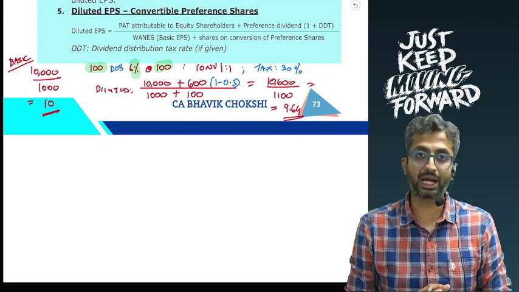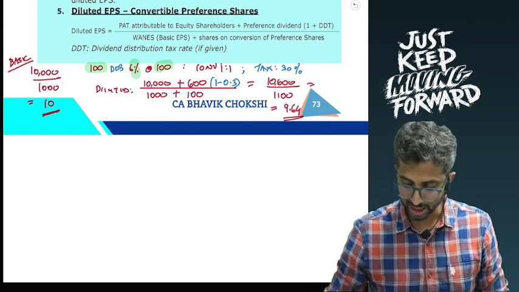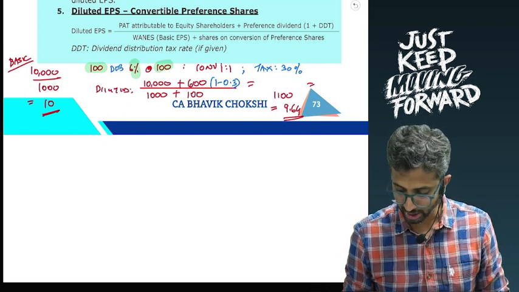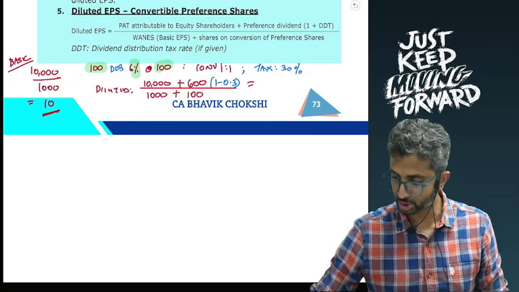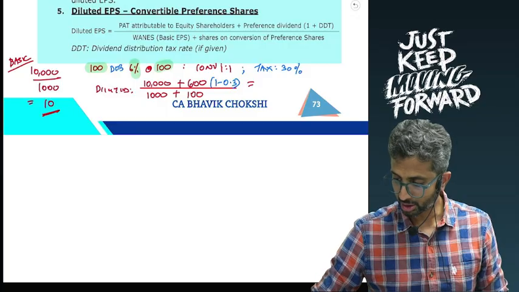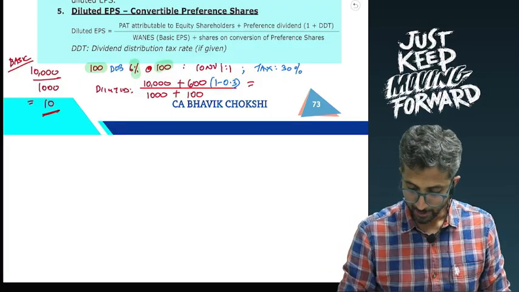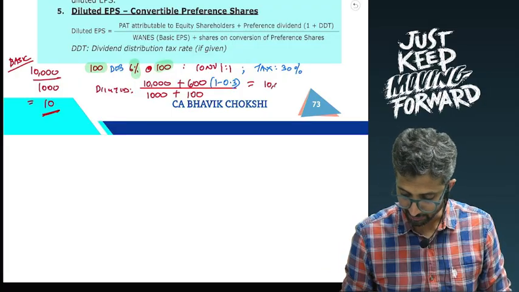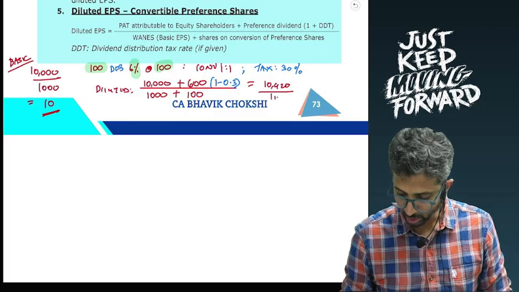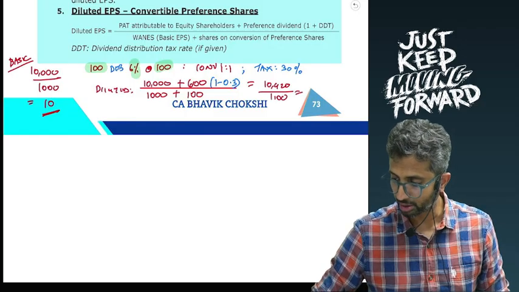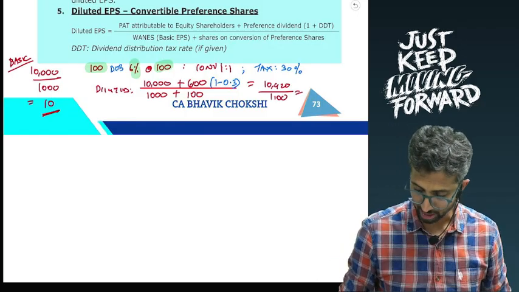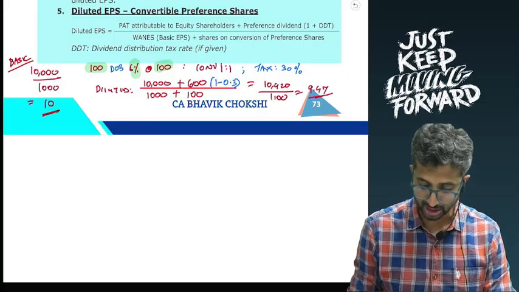That is a net of tax saving: 600 into 0.7 is 420, plus 10,000, 10,420 divided by 1100, which comes to 9.47. This is still lower than basic, and hence it is diluted.